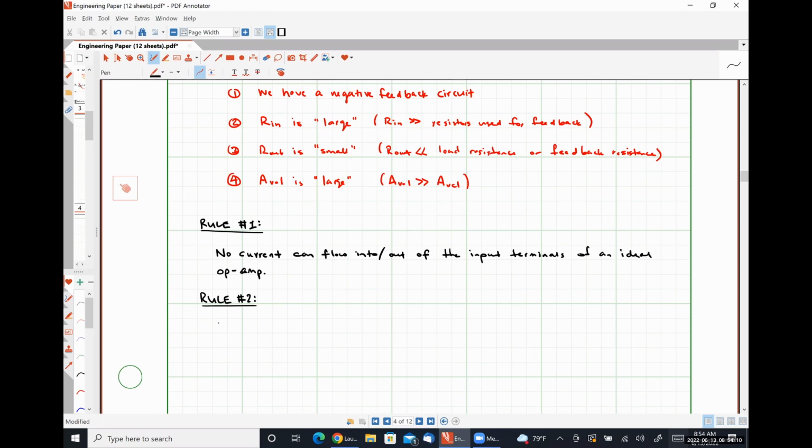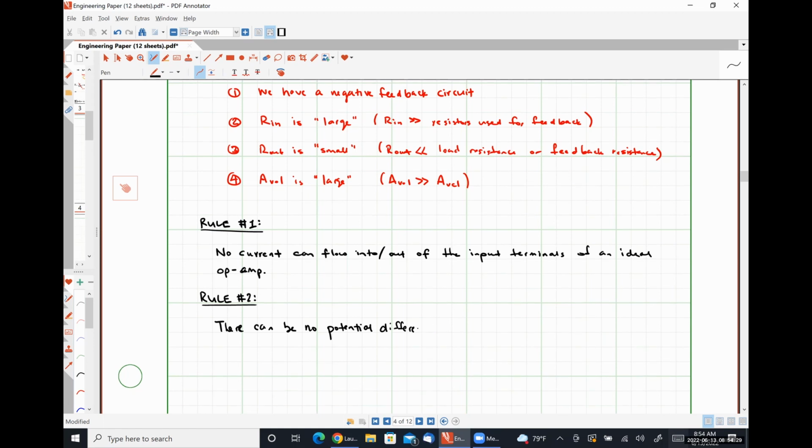And it says there can be no potential difference between the input terminals of an ideal op amp.